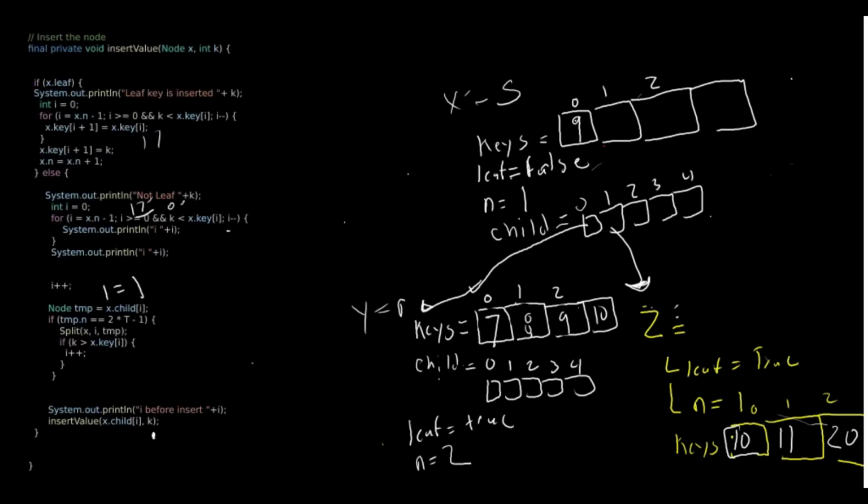We keep calling recursively until we find it, and it realizes that the child node that is supposed to hold 17 is full. Okay, so we do another split right here. We're going to do another split right here for 17.